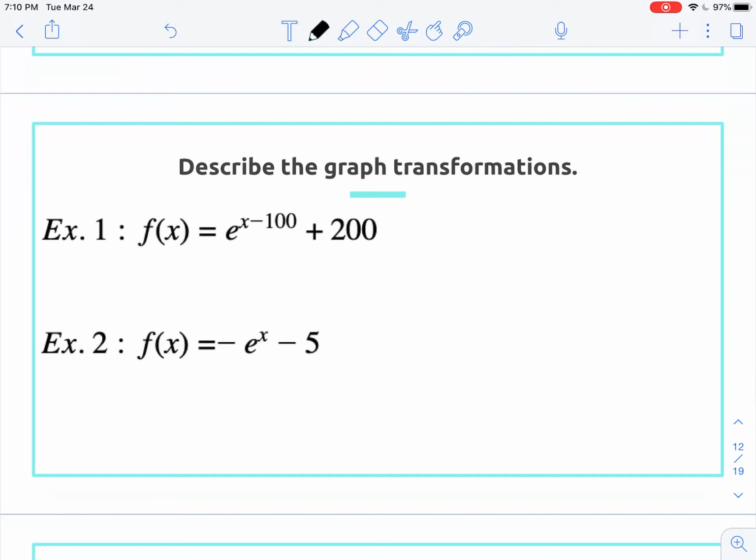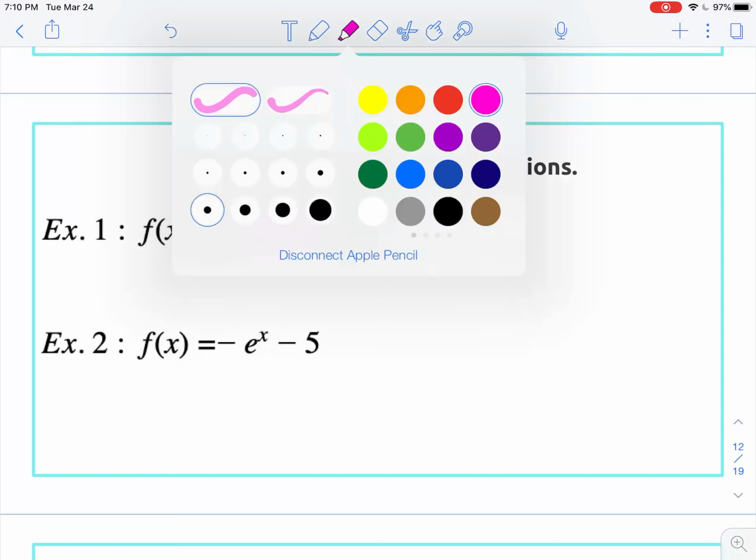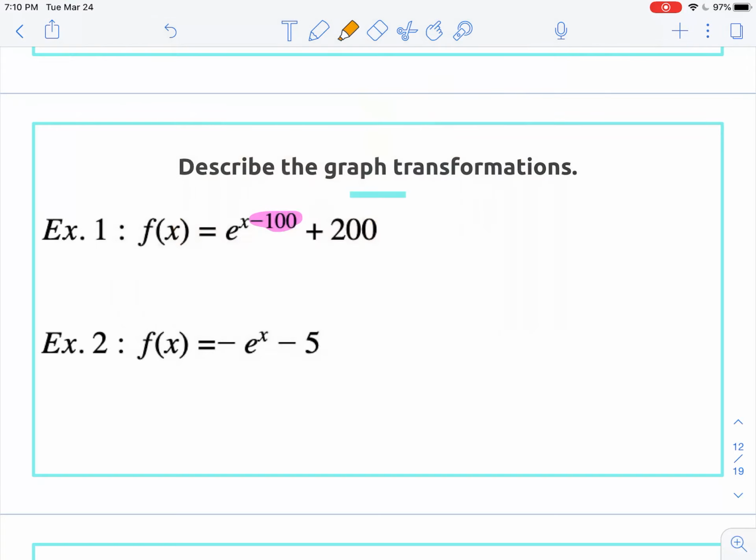Okay, let's take a look at two different examples here and see if we can just describe the transformations that are happening. I notice that I've got a few numbers here. I've got this minus 100 up in the exponent, and I've got this plus 200 that is not in the exponent.